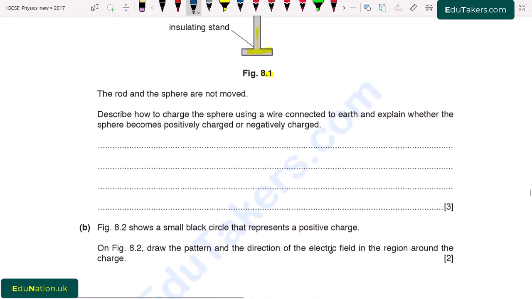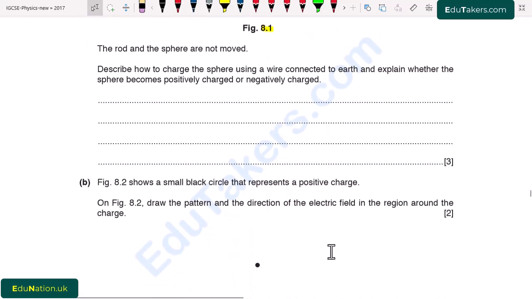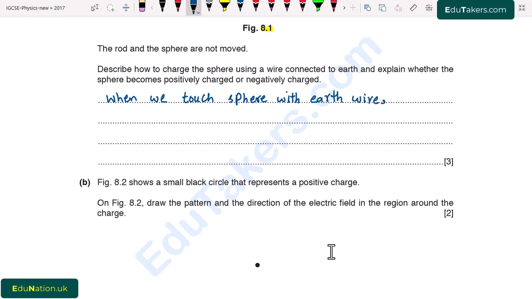So I write here, when we touch the sphere with earth wire, then the electrons flow from earth to the sphere.